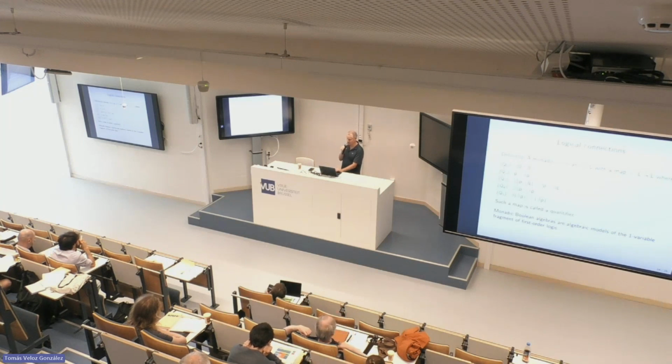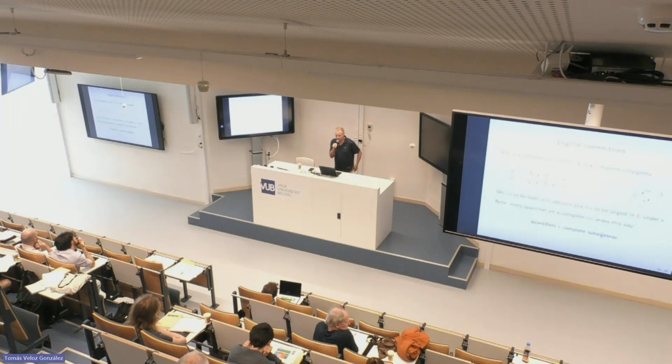Monadic Boolean algebras, well, they're never called that. They're just called monadic when the underlying lattice is a Boolean algebra. They're algebraic models of the one variable fragment of first order logic, hence the name monadic for one variable. And they were introduced by Halmos back in the 50s and 60s.